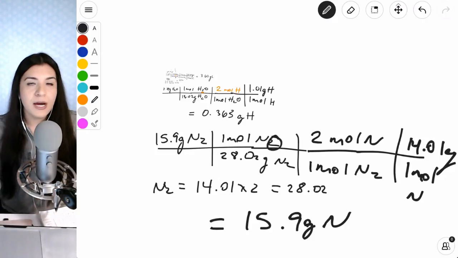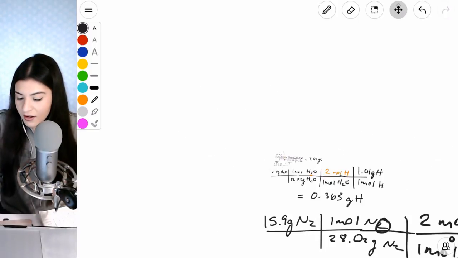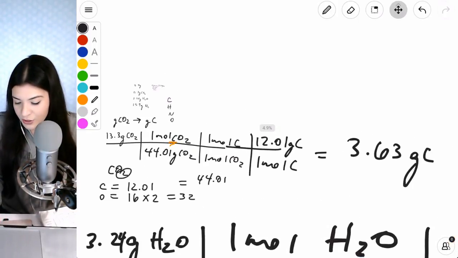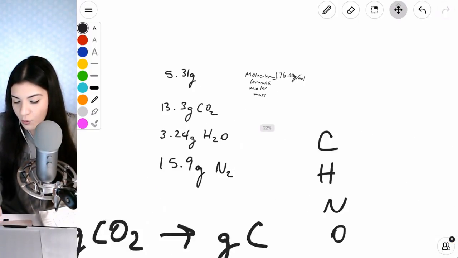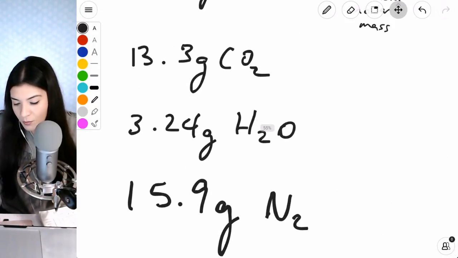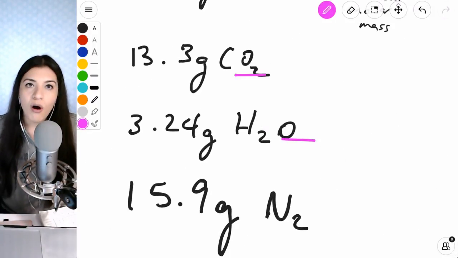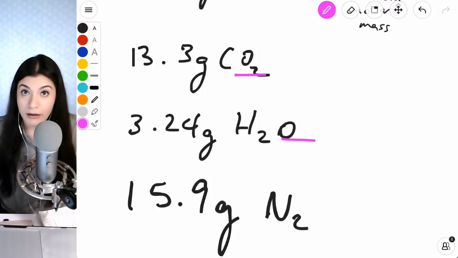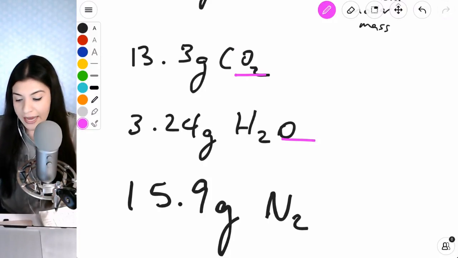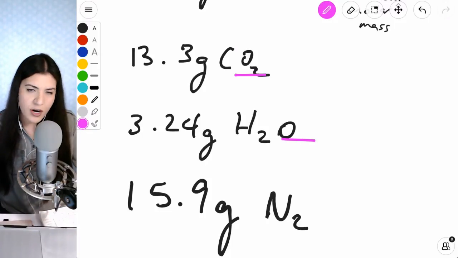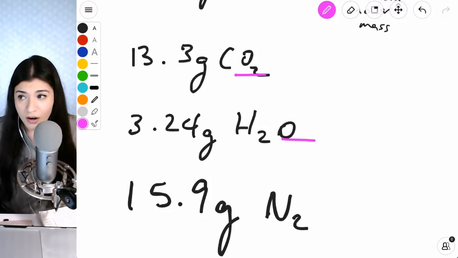Okay, so because they gave us CO2 and they gave us water, we have 2 different places where oxygen is, 2 different types of compounds. Now, we cannot just go the route of figuring out what oxygen's grams are.